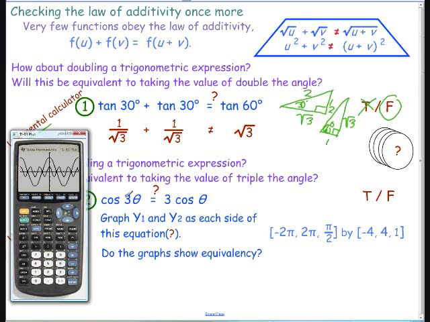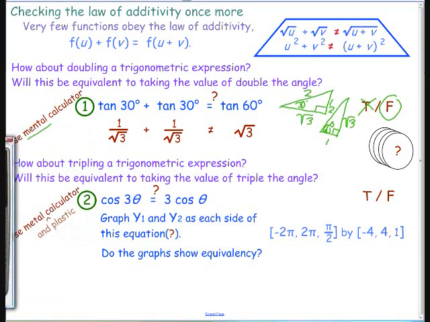This one is going to cycle 3 times in 2 pi. This one is going to cycle 1 time in 2 pi. See, 1 time in 2 pi. There's another 2 pi. Well, this one goes 3 times in 2 pi. Another 3 times.